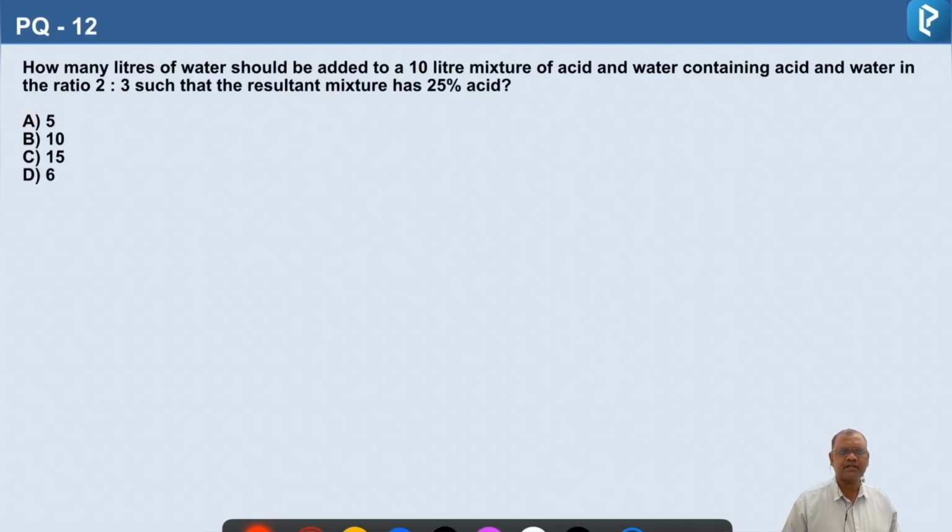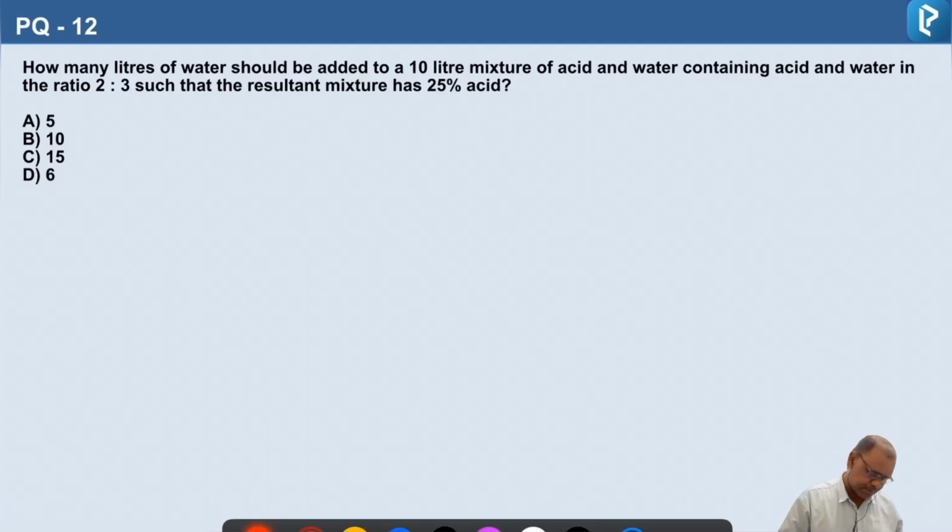Question number 12. How many liters of water should be added to a 10-liter mixture of acid and water containing acid and water in the ratio of 2:3 such that the resultant mixture has 25% acid? So here also, initially the ratio is 2:3.